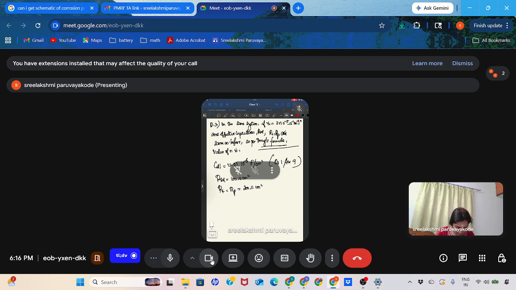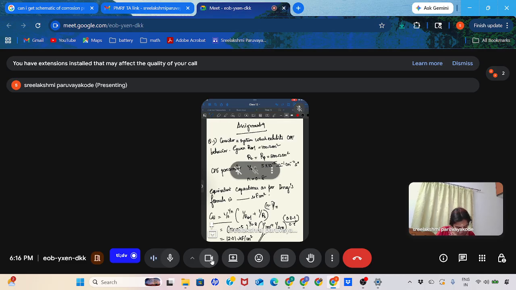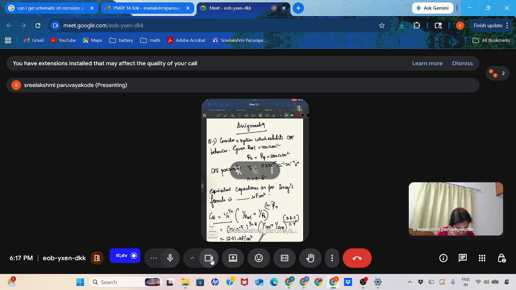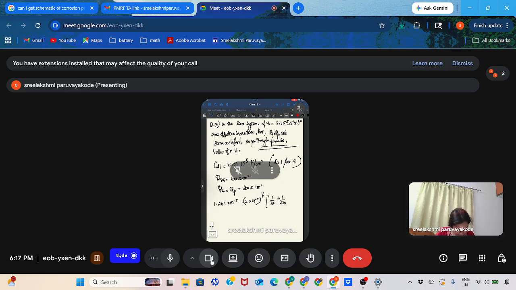Now substitute all of this using Brug's formula, which says CDL equal to Y naught raised to 1 by n, (1 by R solution plus 1 by RT) raised to (n minus 1) by n. So how to solve this question?